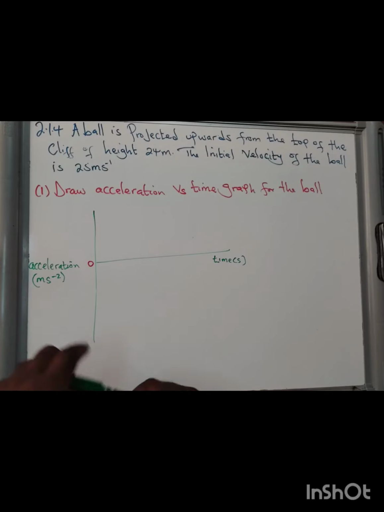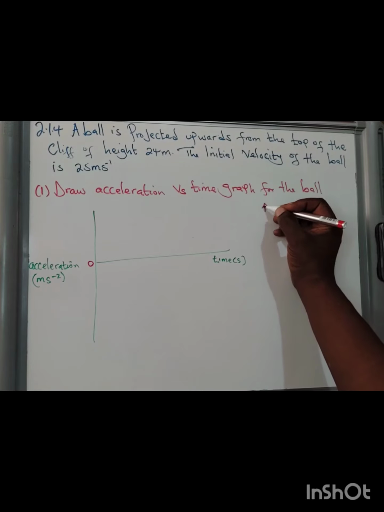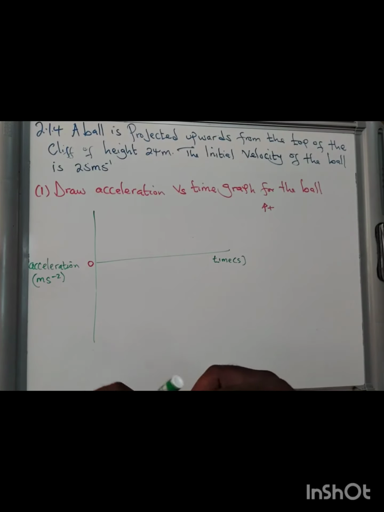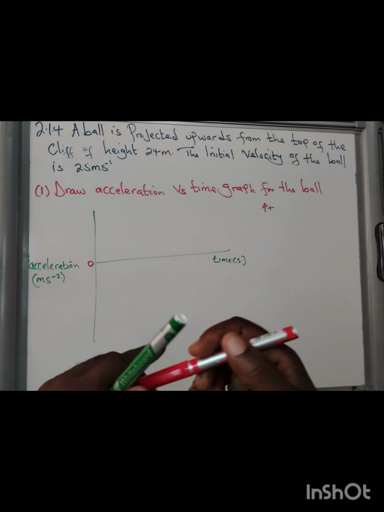Okay, then if we take upward as positive, it means that upward is positive, downward is negative. We need to recall that acceleration due to gravity is always acting vertically downwards. So if up is positive, down is negative.